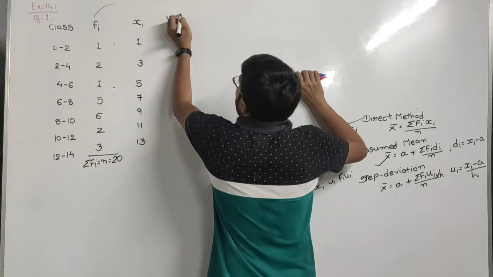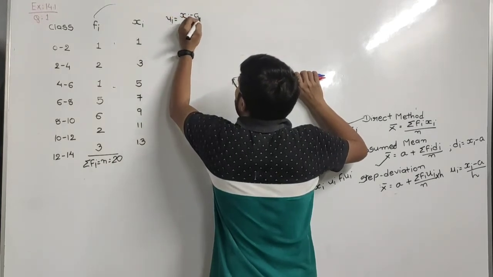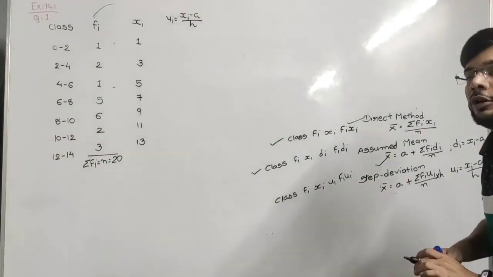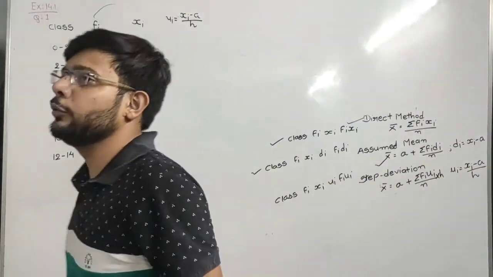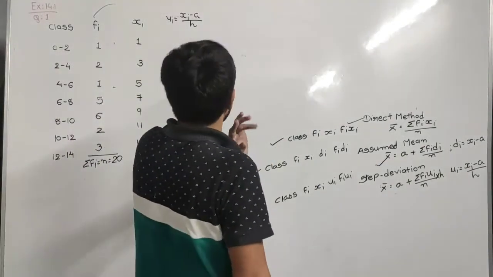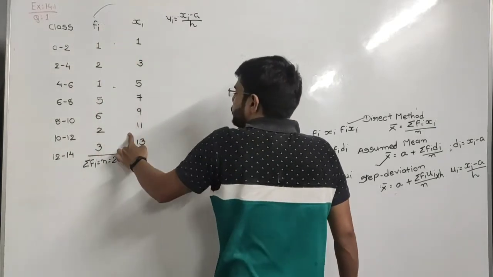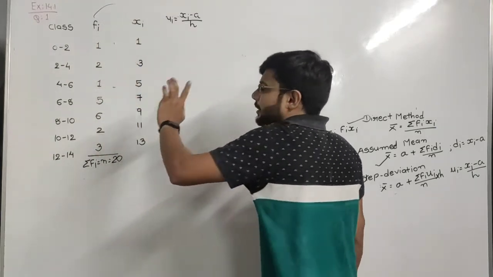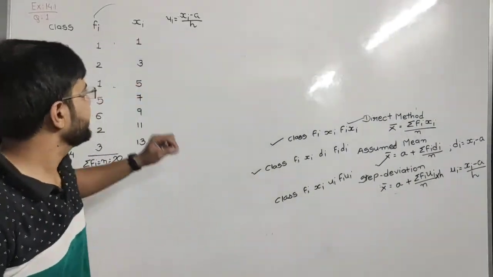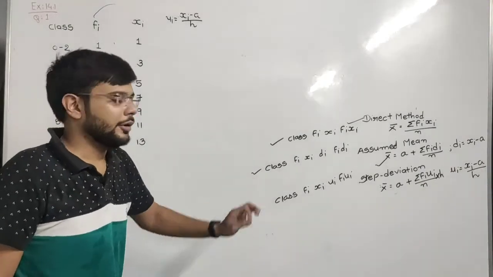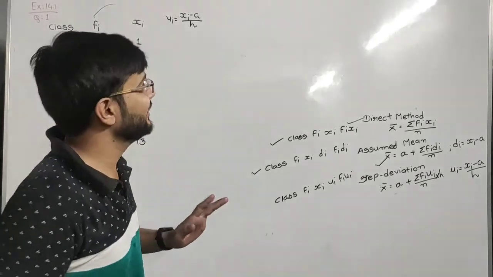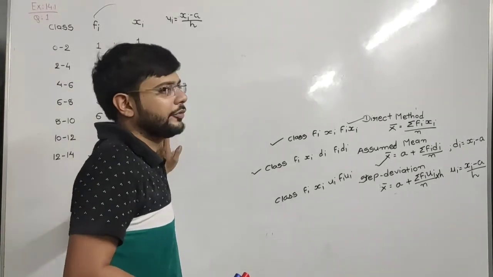Now what about ui? That is xi minus a upon h. Now in this step deviation method you also have to assume a mean, and this is the same as the assumed mean method. In step deviation you choose it from xi, so this will be easy. You can take any positive integer for finding the mean in step deviation, but to make the sum easy, we are going to choose it from the xi.